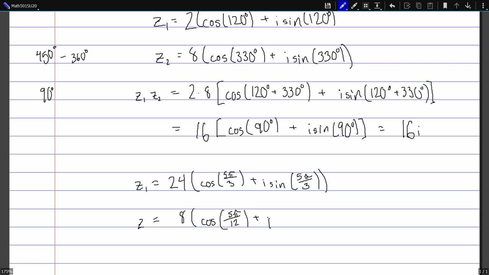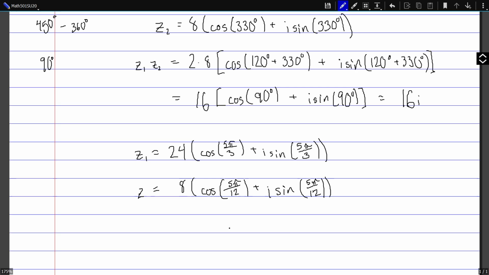All right, so to find the quotient, we're going to go ahead and make sure that we put things in the proper order here. It's going to be very different if we do z sub 2 divided by z sub 1 than the other way around. In this case, the example that we want from the slides is z sub 1 divided by z sub 2. We'll look at the quotient of their moduli out front. So this will be 24 divided by 8. And we're subtracting their arguments on the inside.